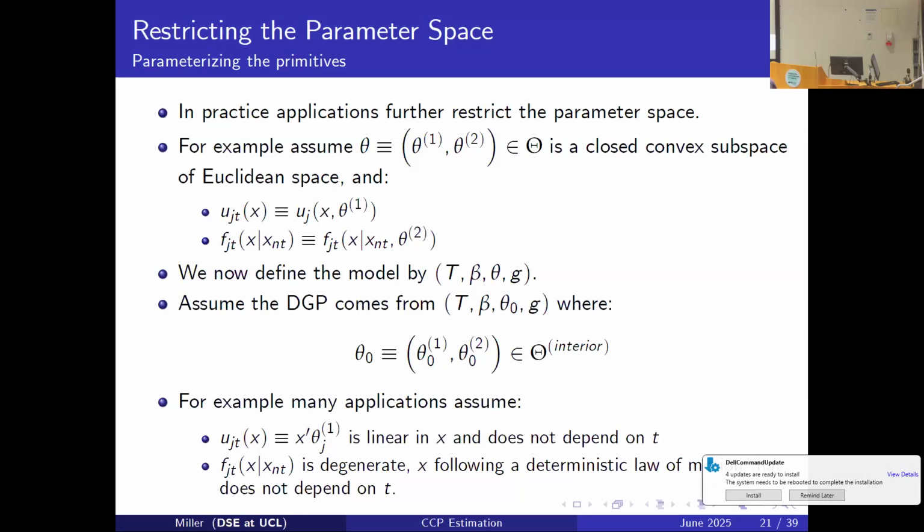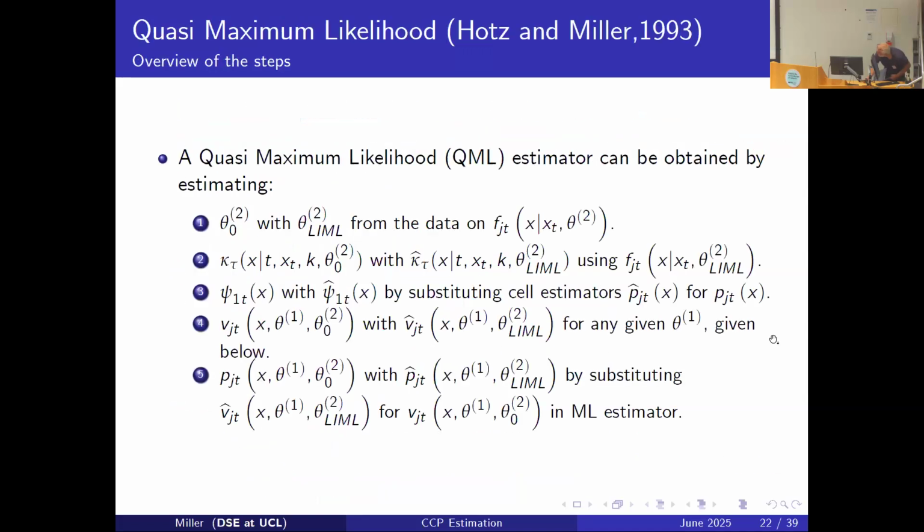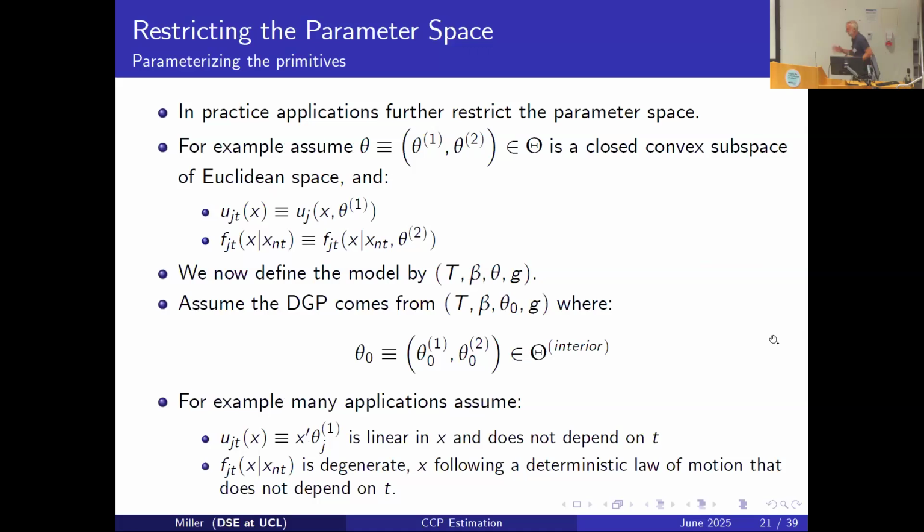Often, we will assume that the utility is a linear combination of X. Linear in X, and it doesn't depend on T. That's a typical type of assumption.